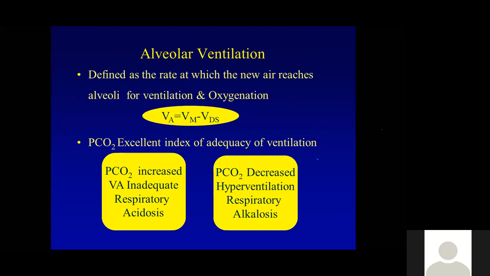Now, a little bit about the alveolar ventilation, which is very important because the air which we take in is important to monitor the carbon dioxide. Based on the requirement of carbon dioxide, the respiratory system takes in as much as is required, and whatever is not required is thrown out. That is how it maintains. In a COPD patient or an asthma patient, the carbon dioxide levels are more than normal, but we still say it is acceptable because that level of carbon dioxide is required for those patients.